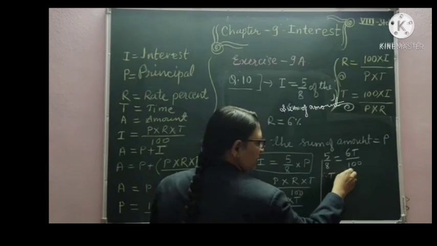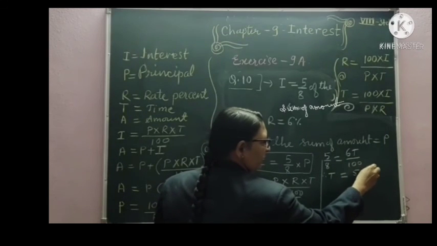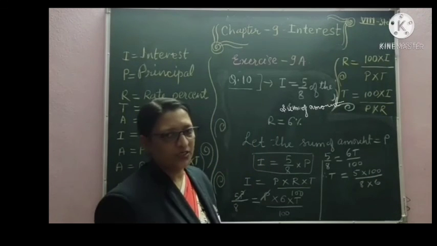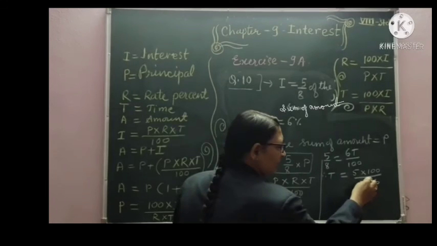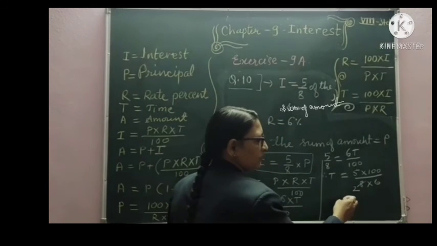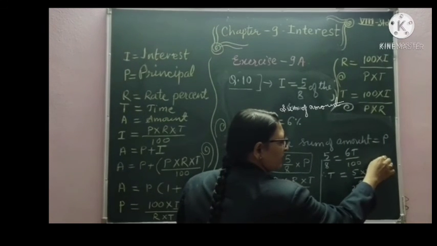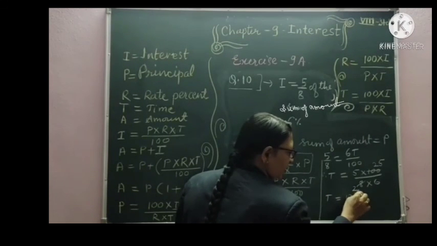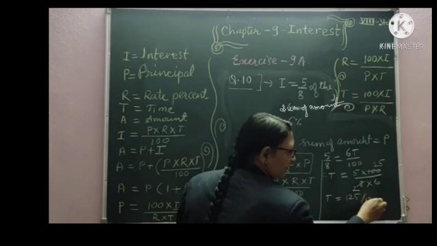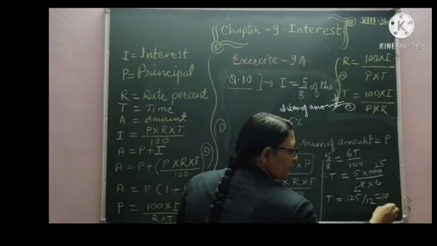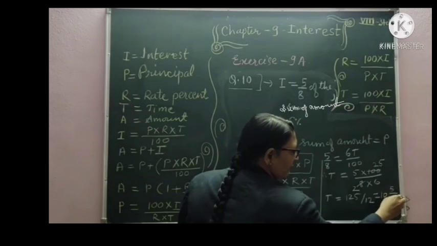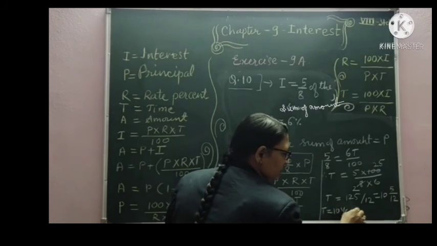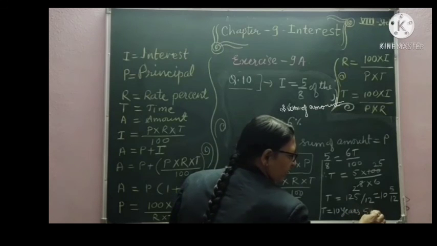Therefore T is equal to 5 into 100 upon 8 into 6, by transposing the terms to get the value of T. 4 twos are 8 and 4 twenty-fives are 100. So here we get time is equal to 125 upon 12. It means 10 years and 5 months. So time is equal to 10 years and 5 months.